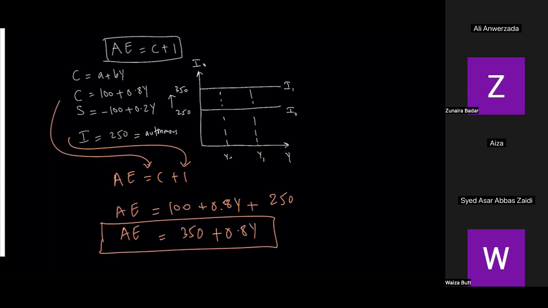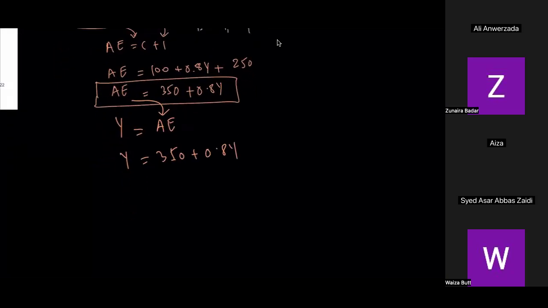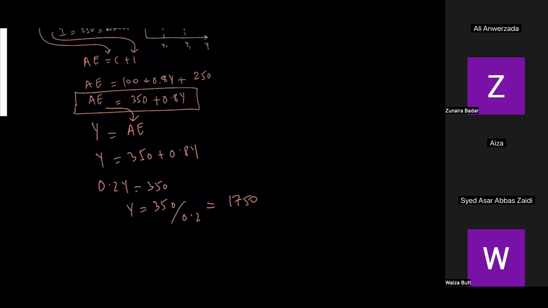If AE becomes 350 plus 0.8Y, and if I put now Y in this equilibrium, because AE is equal to Y at equilibrium, my Y will become 350 plus 0.8Y, or if I rearrange this, this becomes 0.2Y is equal to 350, or Y is equal to 350 over 0.2, right? Which is going to be 1750. So our equilibrium happens to be 1750, if you remember from last time.